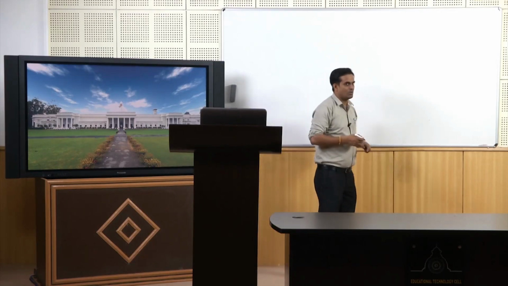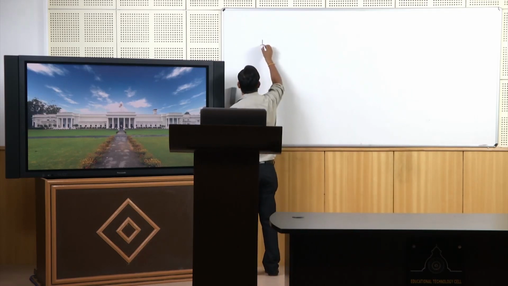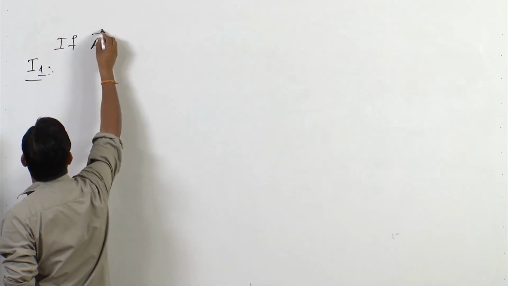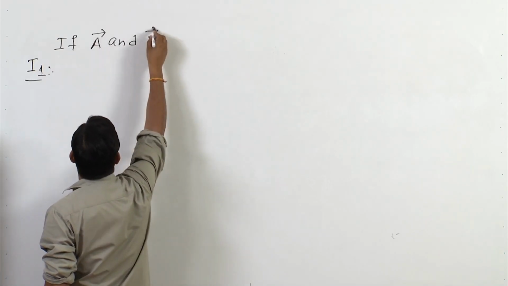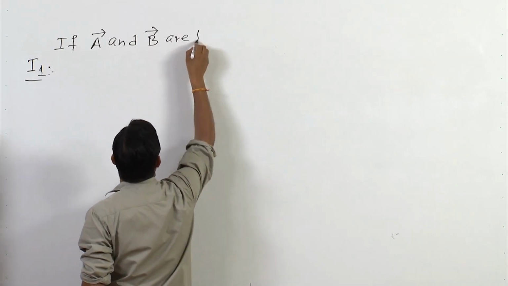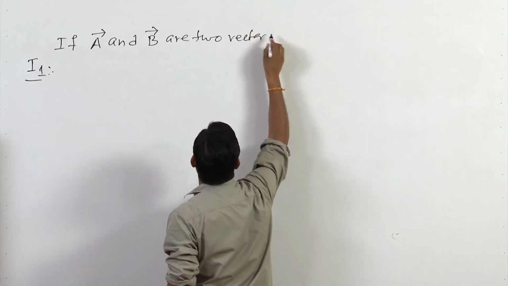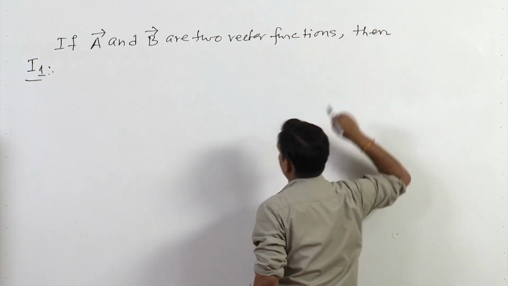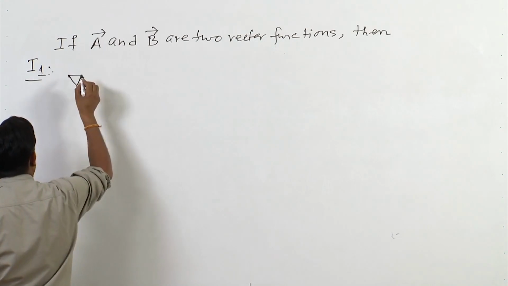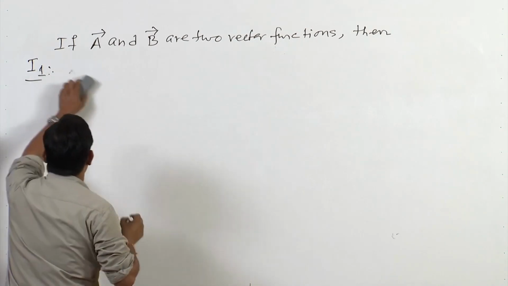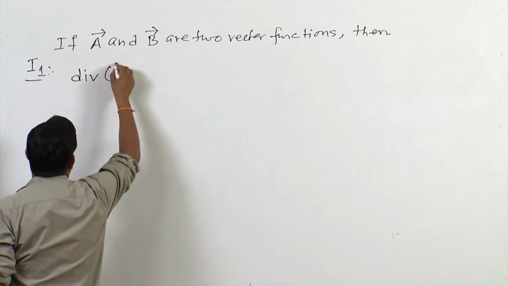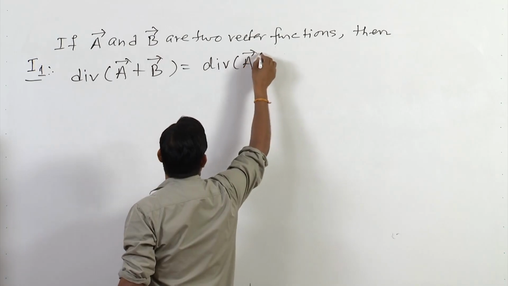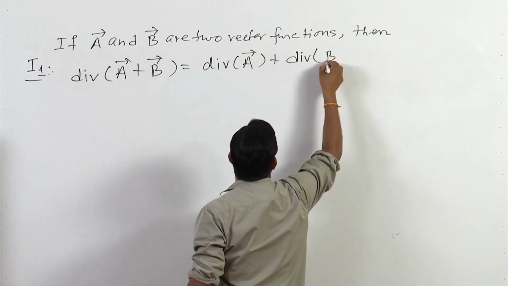So with these two previous properties, the next identity, let me write it as I1, is: if A and B are two vector functions, then divergence of A plus B equals divergence of A plus divergence of B.